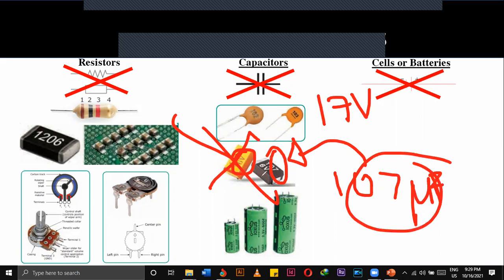Some capacitors will have different kinds of codings. For that, we have to obtain the manual of the capacitor, and then look up the value and the maximum voltage that we can supply to the capacitor, right? Thank you, sir.